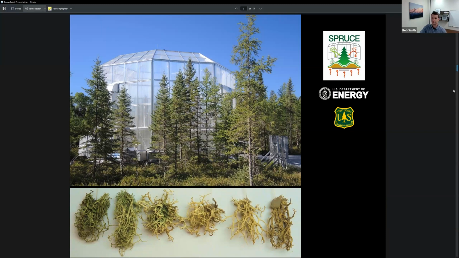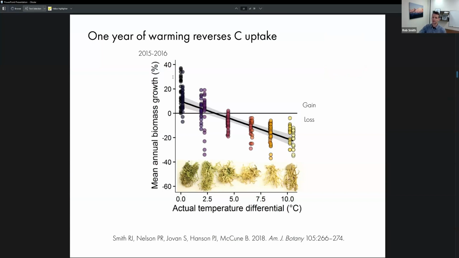That tells us there's definitely a climate response. Even after just 1 year of warming, we see a drastic change where as we add warming from left to right here on the gradient, we see drops in biomass. An average accumulation of maybe like 10% per year of mass growth in ambient conditions declines to where we're actually losing mass, we're wasting away.